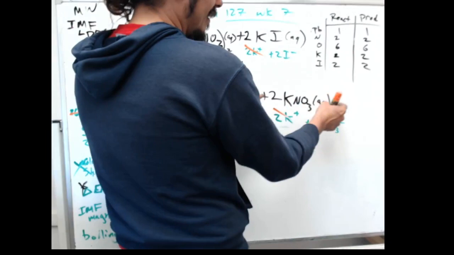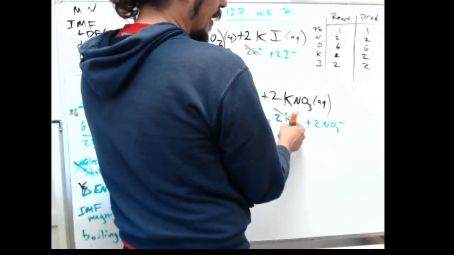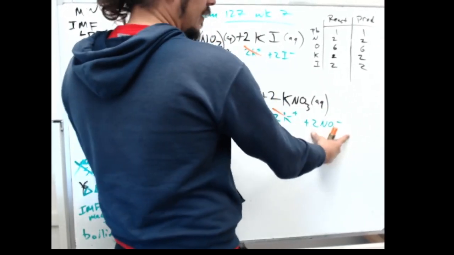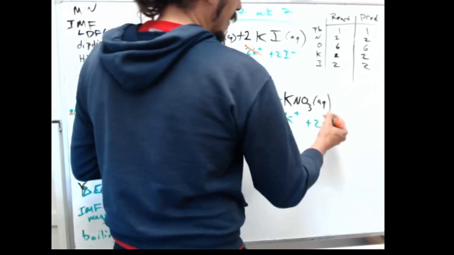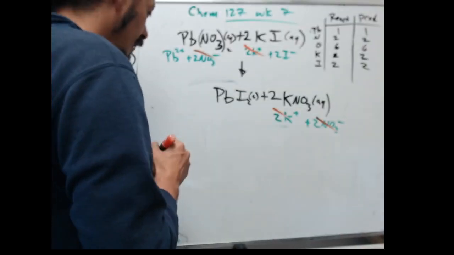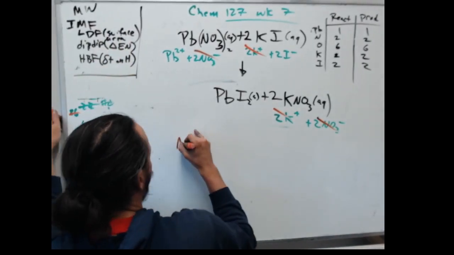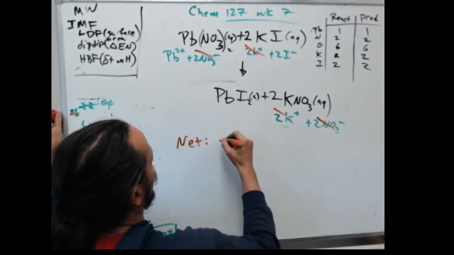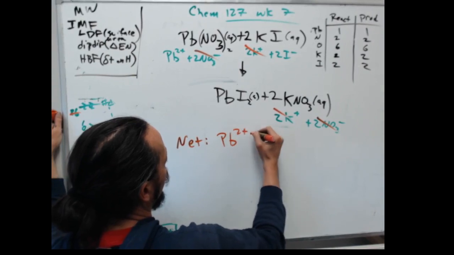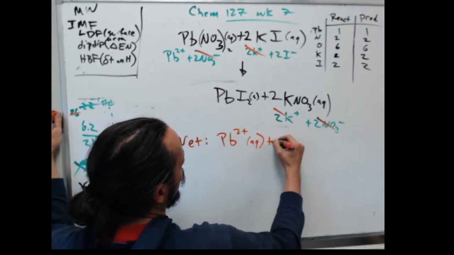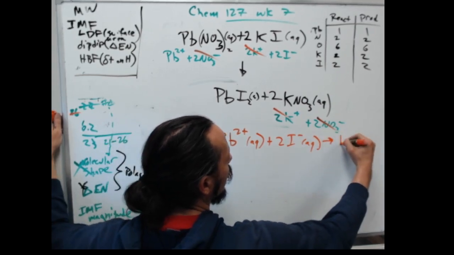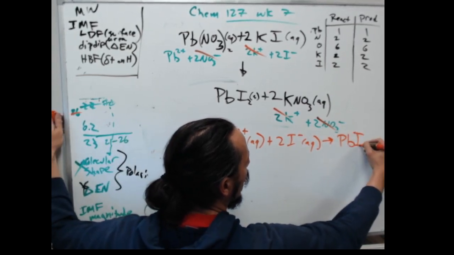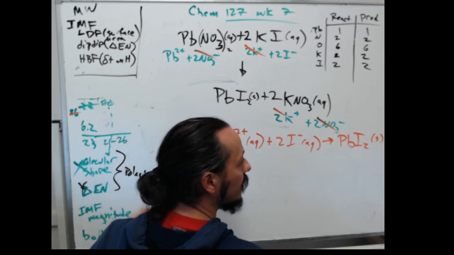So I look at my aqueous product, I check my potassium, I check my nitrate. 2 nitrates, NO3, -1 charge, 2 of them, gone, gone. That means my net ionic is going to be Pb2 plus aqueous plus 2 I minus aqueous goes to PbI2 solid.